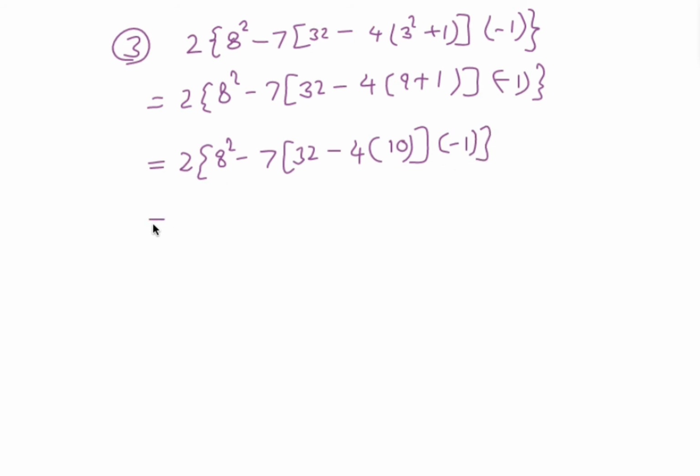Okay, now here 2, 8 square minus 7, 32, because in this parenthesis, here we have subtraction and multiplication, so we do multiplication first and then subtraction, don't subtract first.